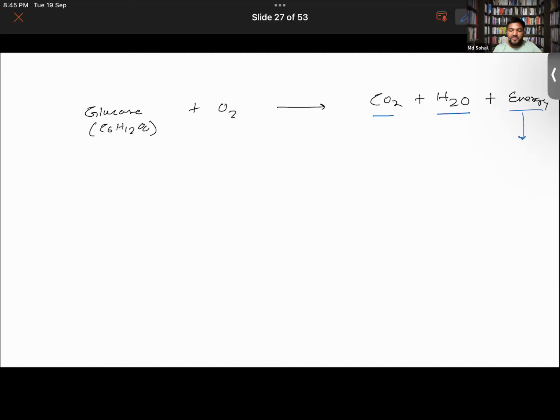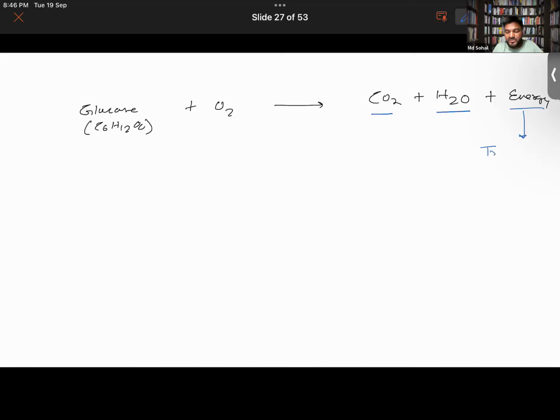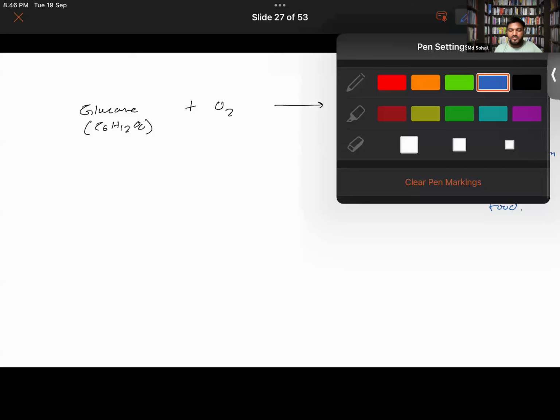So the plants will be using this energy to carry out several works. For example, it can use this energy to do transpiration. Some of the energy can be used for movement of molecules in its body, movement of water and food.